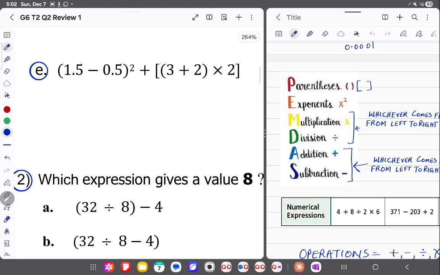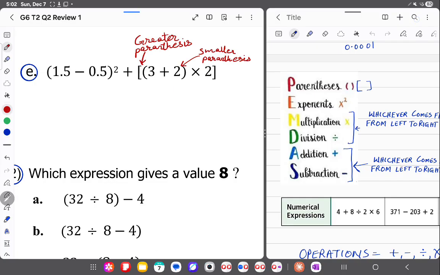Okay, let's look at this example E. Here we have parentheses and an exponent. Here we have two parentheses. This one is called the smaller parenthesis, and this is the greater parenthesis.